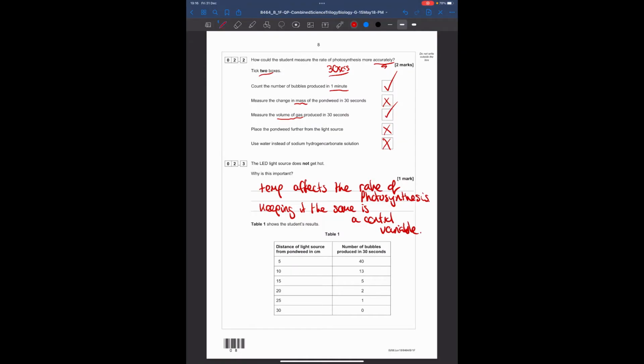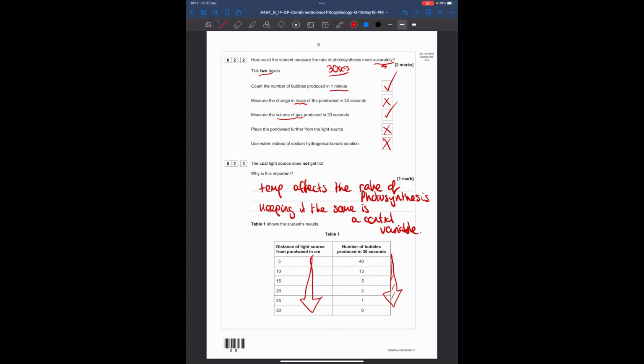So, table 1 shows the students' results. You've got the distance of the light source from the pondweed in centimetres going down, and then you've got the number of bubbles produced in 30 seconds. So you can see the pattern before you even look at the questions. As distance is increasing, the number of bubbles is going down.